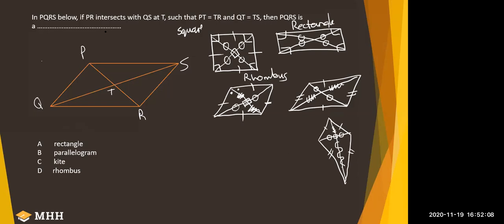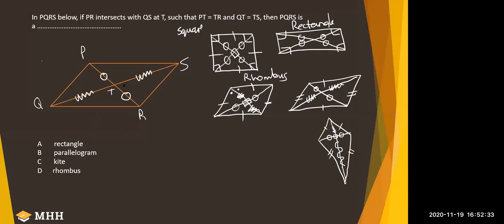All right. It says here that PR cuts QS at T such that PT is equal to TR and QT is equal to TS. And we must decide which of these 4 it will be.